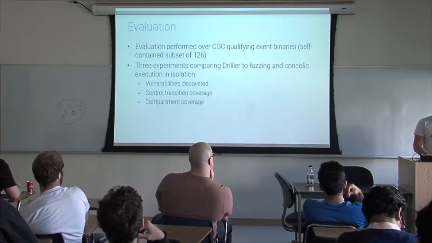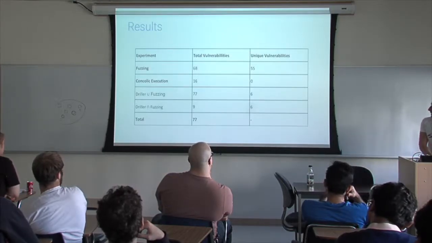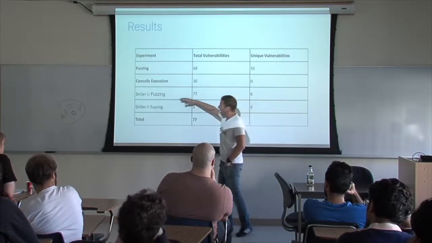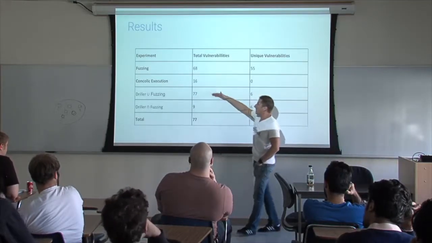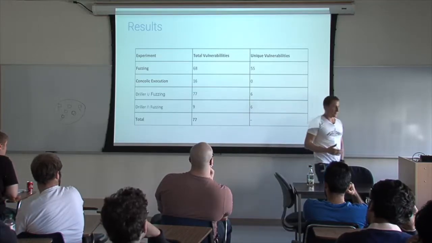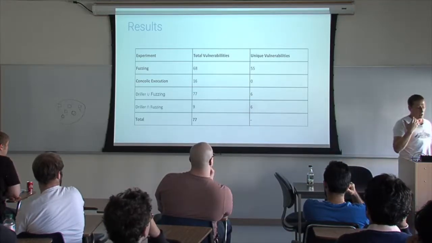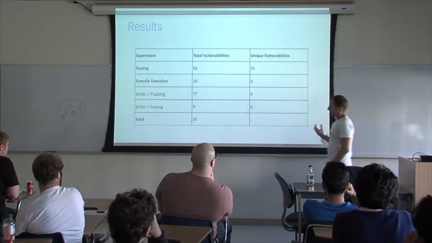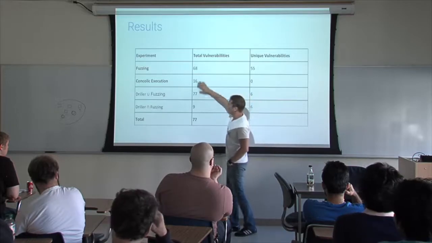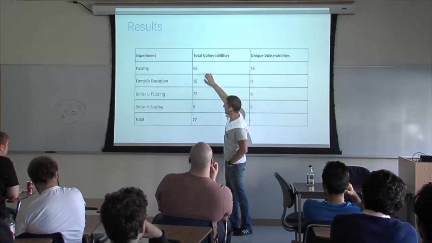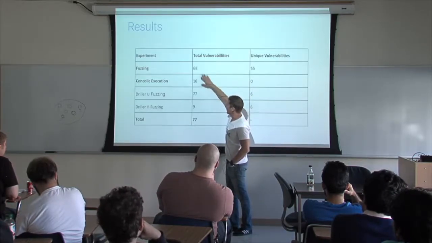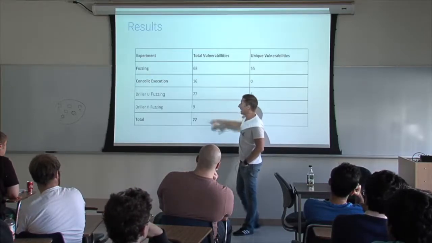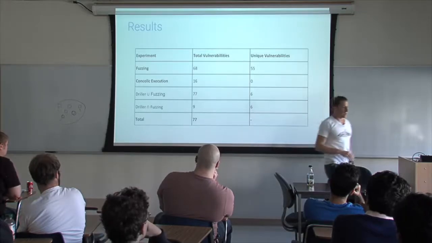But fundamentally, we saw that by using Driller and fuzzing, we could get many more vulnerabilities than we could with just using either symbolic execution or just fuzzing. And when I say many more, it doesn't look like many more, because with just fuzzing with AFL, we could do 68, and with Driller, we could do 77.